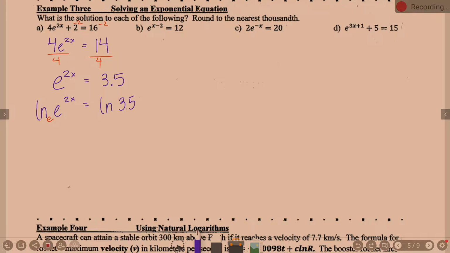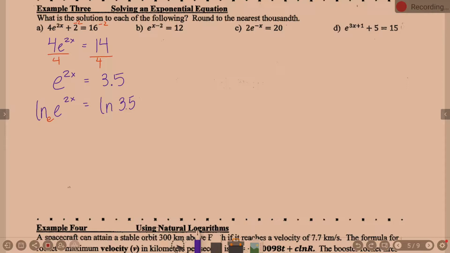Technically, it's not cancel, but I know that's what you guys always say. What happens here, guys, when the base of your log and the base of the inside match? Well, it equals 1 if that's what the power is. It equals whatever your exponent is. So in this case, what's my exponent? 2x.